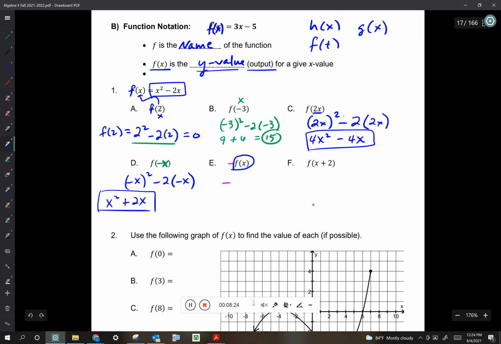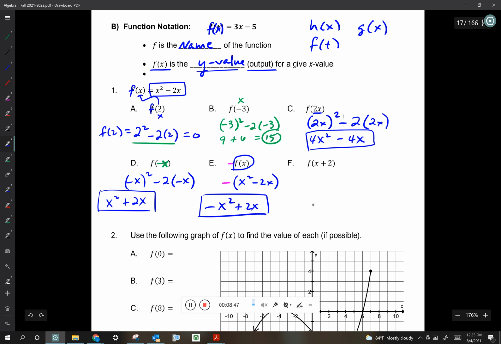Well, f of x equals this whole thing. So if I want negative of the entire f of x, that means I want negative of the entire x squared minus 2x. Yes, of course you can distribute the negative, but what's important is the setup here. So if I distribute the negative, I actually have negative x squared plus 2x.